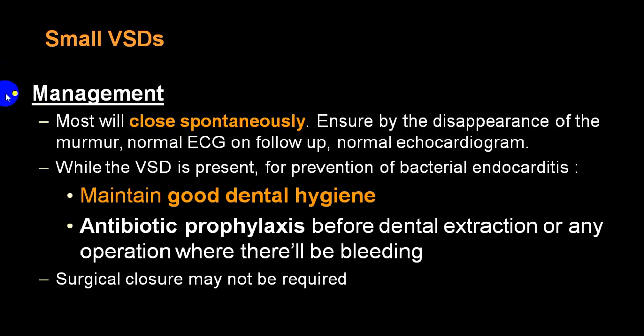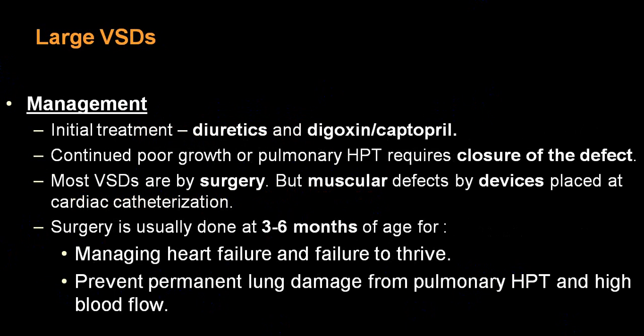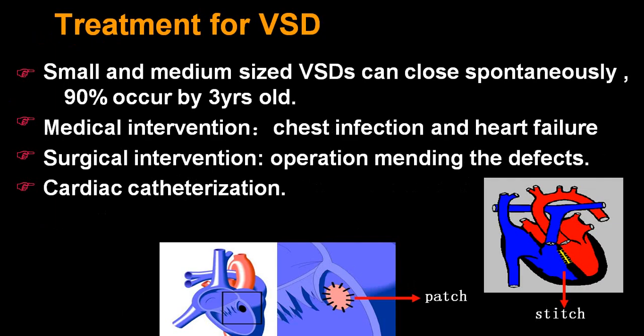We have already told you it can close spontaneously. For prevention of infective endocarditis, good dental hygiene and prophylactic antibiotic is required, and then you can go for a surgical closure. Surgical closure can be again two, one open and second is by catheter. So this is open, you put a patch and have sutures, that is called open, and cardiac catheterization and closure can be done.